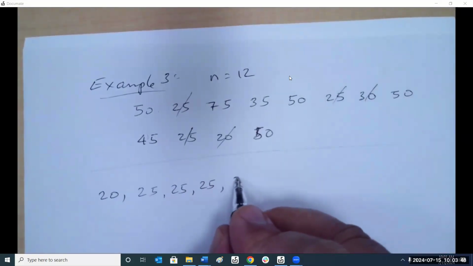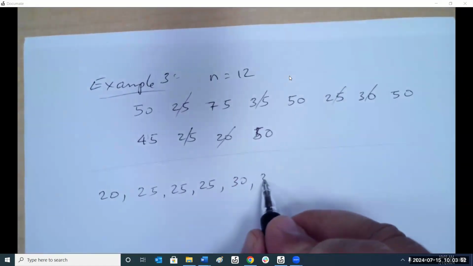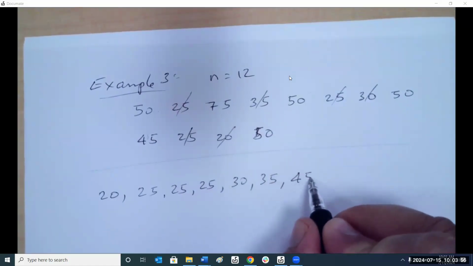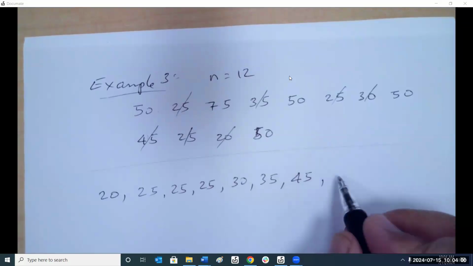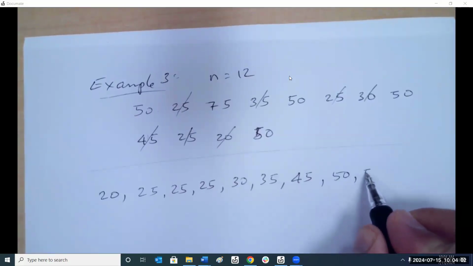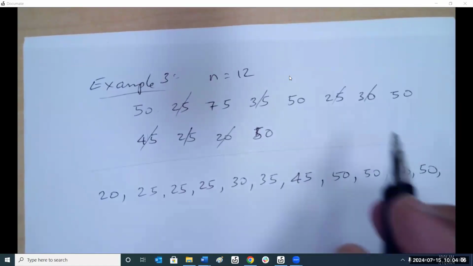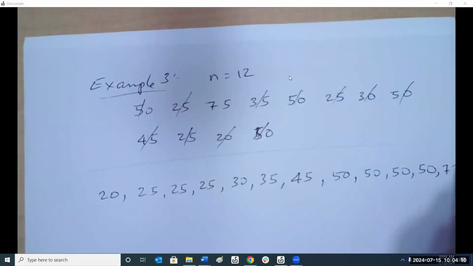Then a 30, a 35, a 45, a 50, a 50, a 50, another 50, and then a 75.